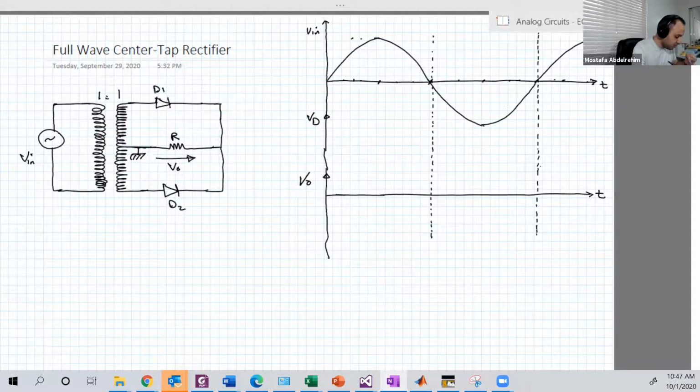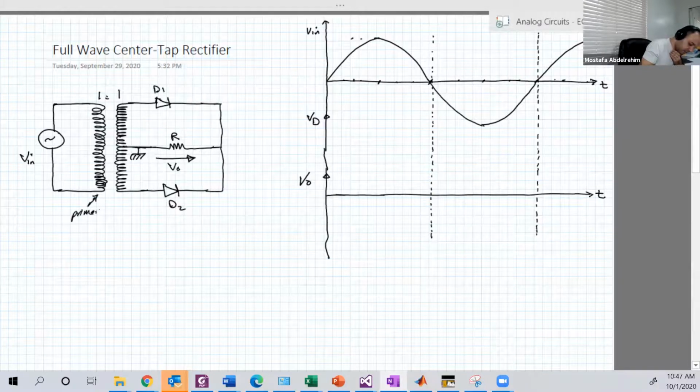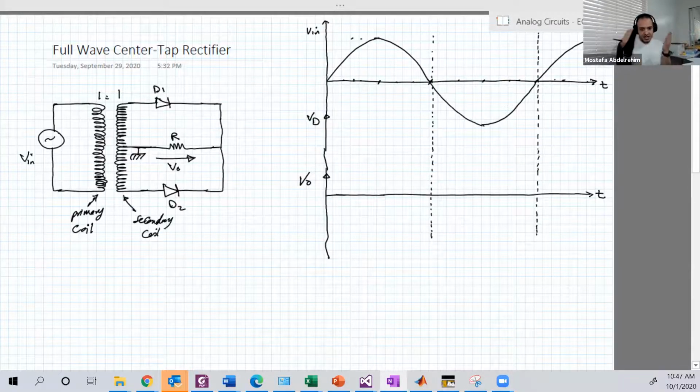So we have here a forced ground at the center of the, this is called the primary coil. This is called the secondary coil. Any transformer has two coils, one for the input, one for the output.